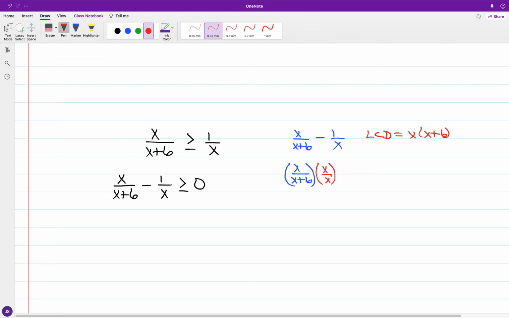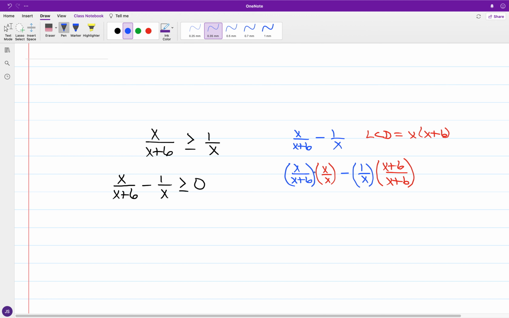So I multiply by 1 in the form of x over itself. Now I've got subtraction. Now for 1 over x, I have the x factor, but this one is missing the x plus 6, so I'll multiply this ratio by 1 in the form of x plus 6 over itself.